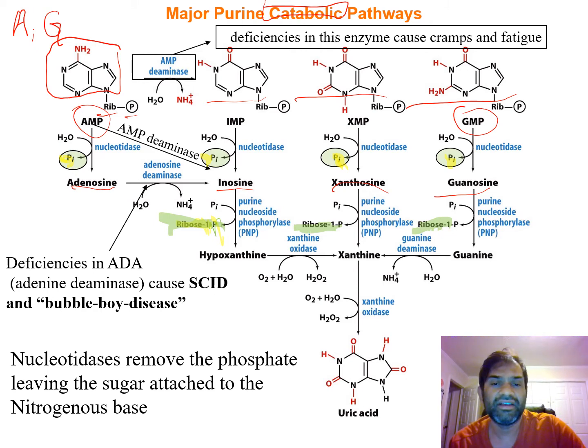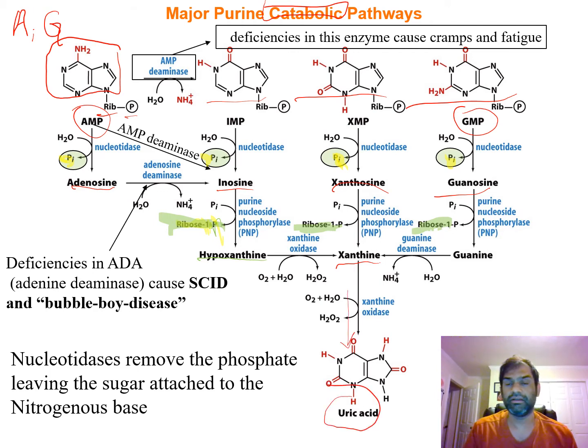Here the hypoxanthine can get further metabolized to xanthine, and then the xanthine gets broken down to uric acid. The uric acid is the one that gets built up in gout, or it gets excreted out in the urine. Same thing happens here with guanine. The guanine can get converted to xanthine.